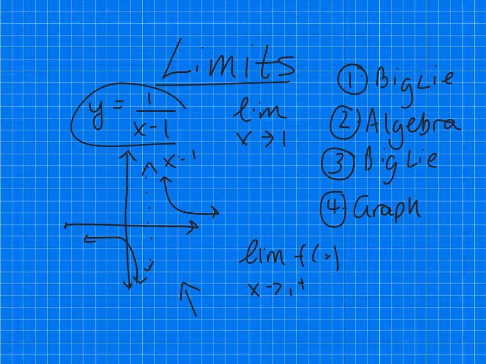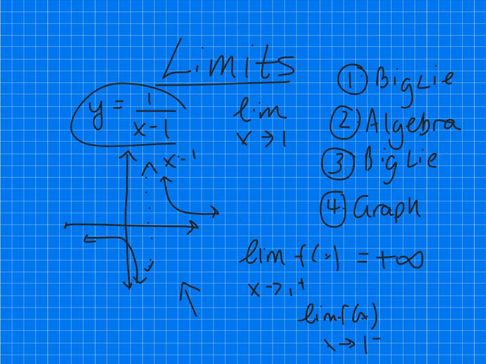Now, when you do that over here, you can see that as you get closer and closer to 1 from the positive side, your y values go up and up and up, but your x values never actually get to 1. So what you would write here is just equals positive infinity.